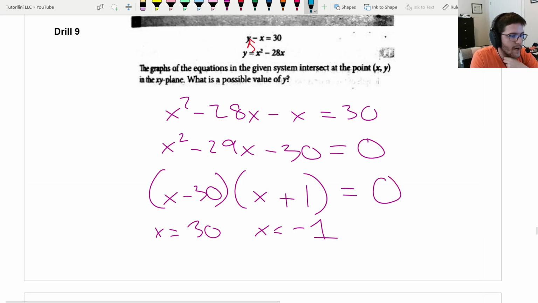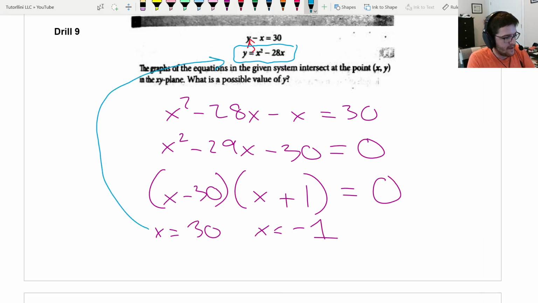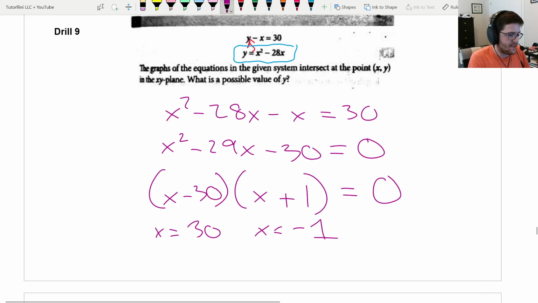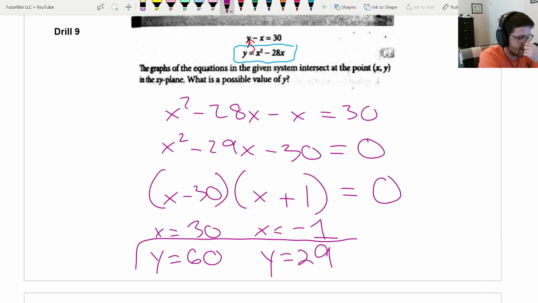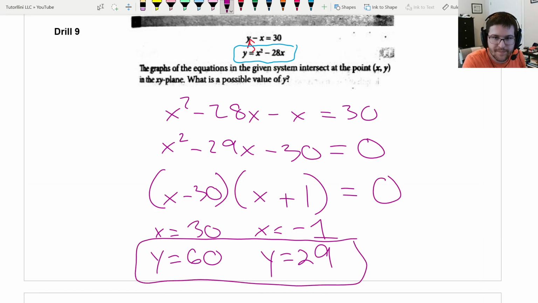And now we're going to plug it back into our lone variable equation up here. Let's see, 30 squared minus 28 times 30. That's 60. And then negative 1 squared minus 28 times negative 1. That is 29. So there were two possible answers for this. You could have put 60, or you could have put 29.